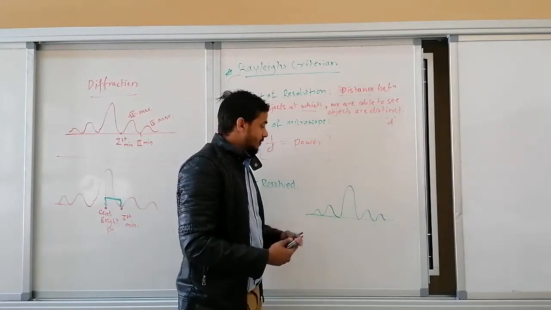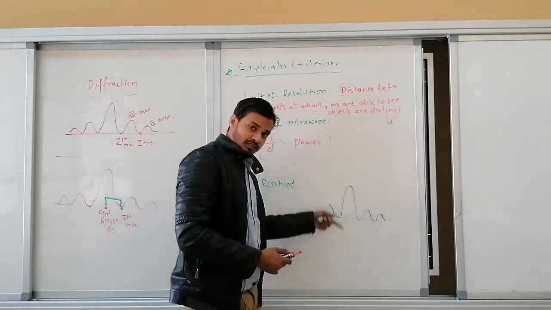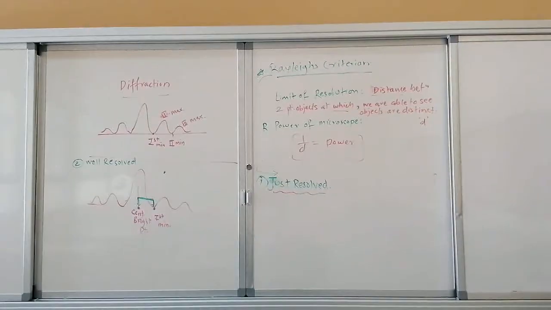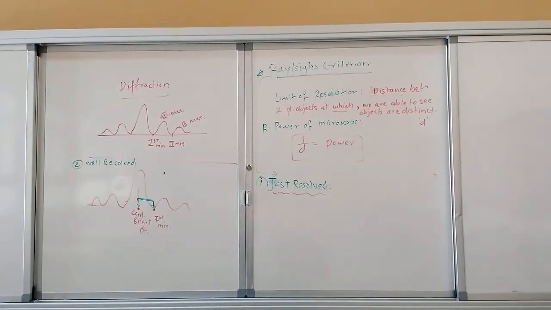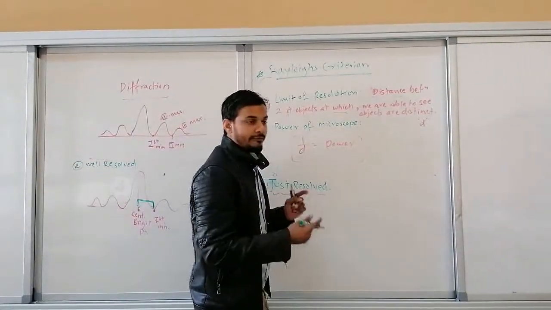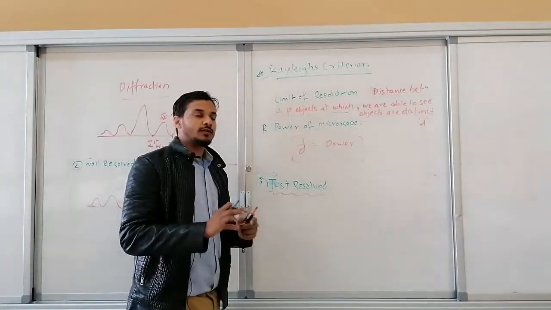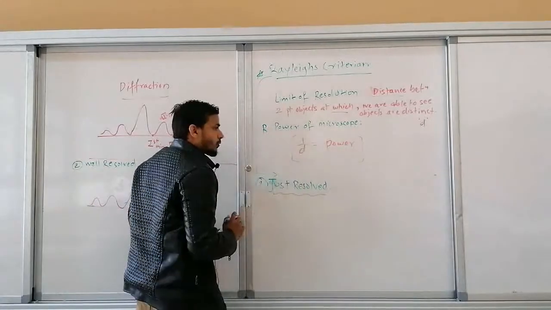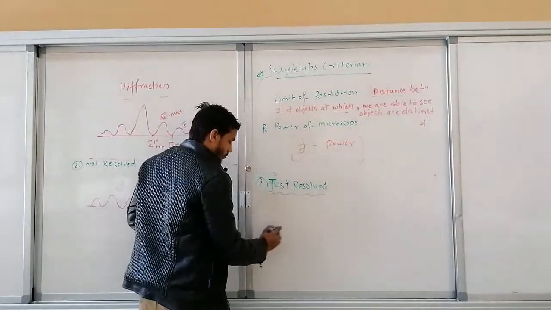I draw the graph, and it comes on the same page. It's like this. Just resolved is based on overlapping. Well resolved and not resolved are based on the comparison between the distances. How? I'll show you. Now we will look for just resolved.